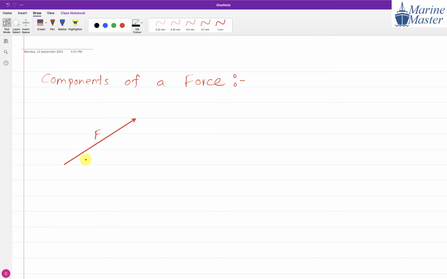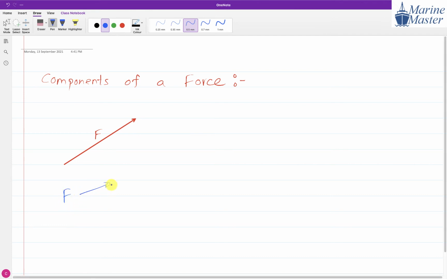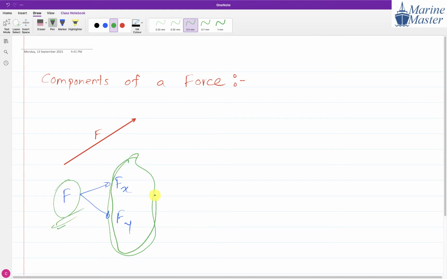Whatever the effect of F, that effect will be equal to the effect of the components acting together. Suppose F has 2 components, Fx and Fy. If Fx and Fy act together, they create an effect equivalent to F. That is what is meant by components.